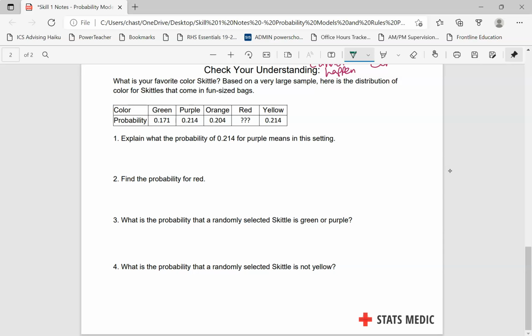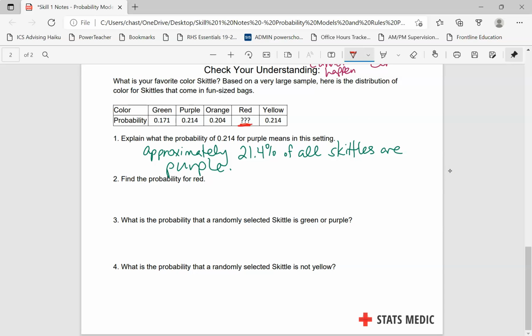Well, it means that approximately 21.4% of all Skittles are purple, or a little over 21 out of every 100 Skittles will be purple.